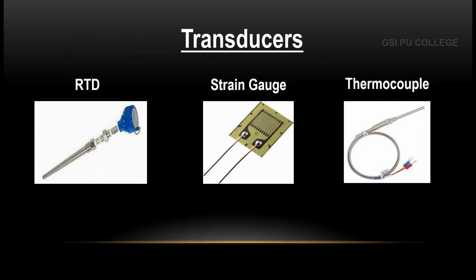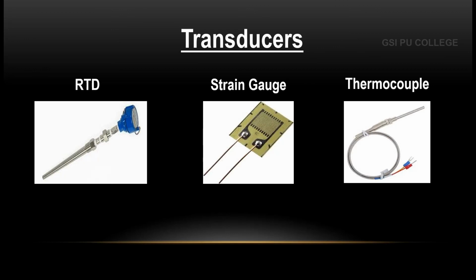The measurement of these physical quantities is generally carried out with the help of a device called a transducer. There are a number of transducers available. Some of them are RTD, that is resistance temperature detector, strain gauge or a thermocouple. But most of these transducer outputs are generally of very low level.